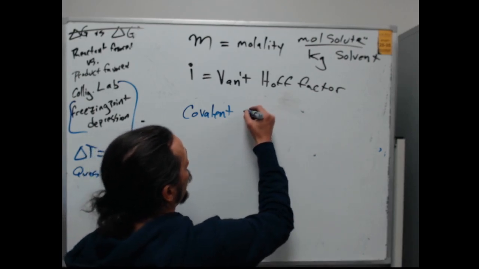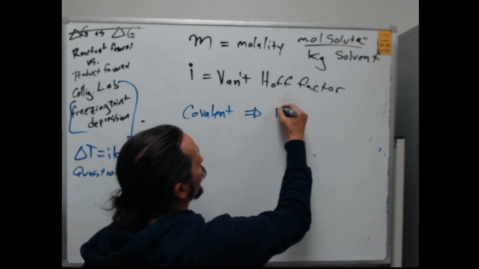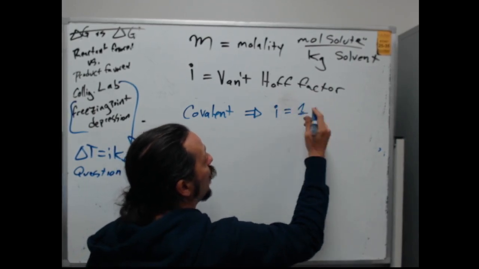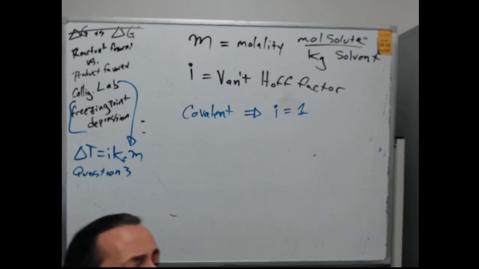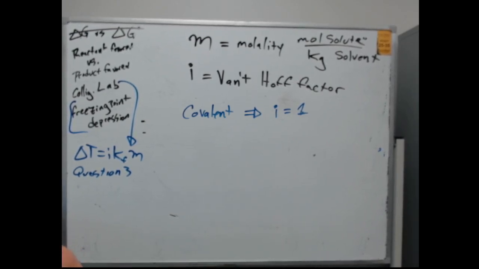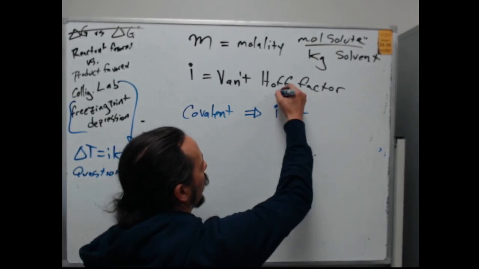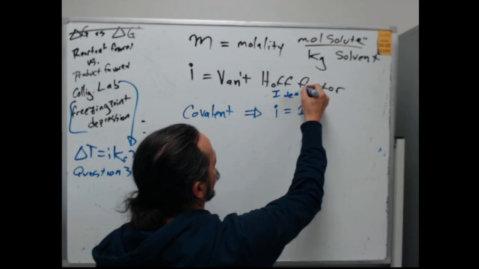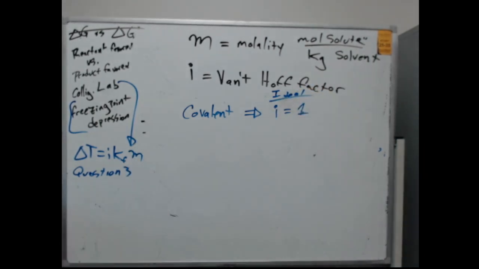So if I put one covalent molecule in, it's just one thing. So my ideal or theoretical Van't Hoff factor for a covalent compound would just be 1.